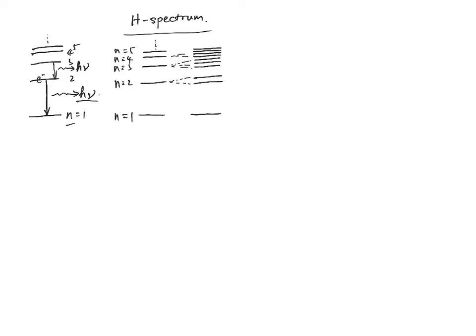And n equal to 5 splits into 5 individual energy levels, and so on and so forth. The higher you go, the more complicated, the more splits you have for a given energy level. And that's not the end of it.